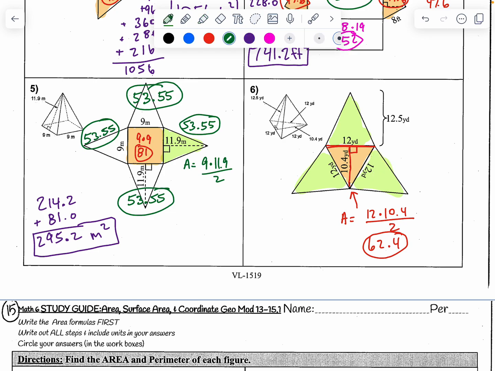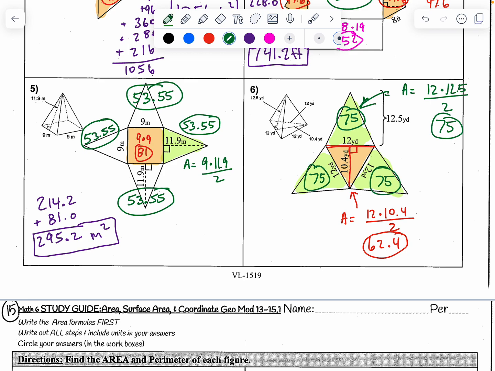All right, so I'm going to write it on the side. This is going to be base times height. Base is 12. Height is 12.5. Divide that by 2, so it's like 12.5 times 6. That is going to be 75. So this is 75, and that's 75, and that's 75.